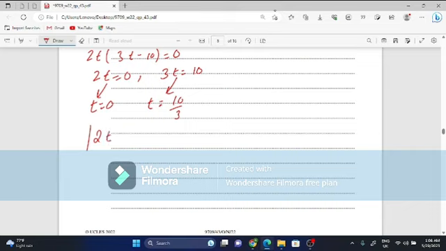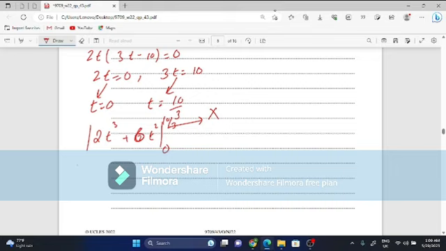2t square, oh sorry, cube plus 6t square. I'm talking about x. This is for x particle. Its range is 0 to 10 by 3. So just plug its values over here.